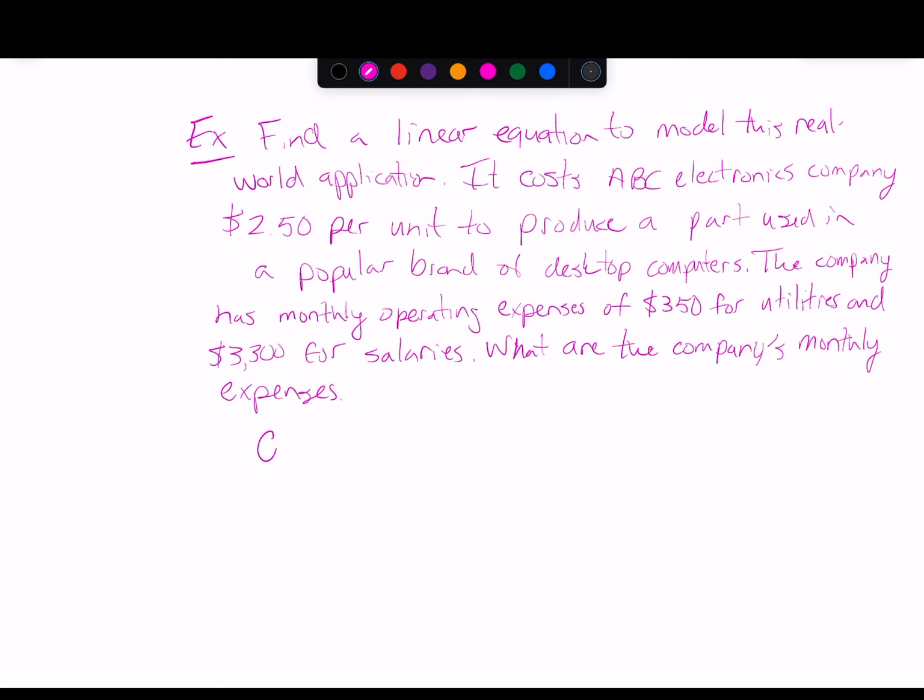So let's let C be the total monthly expenses, let's let X be the number of parts produced, and then the other things we know are the cost of the utilities and the salaries, which are constants.